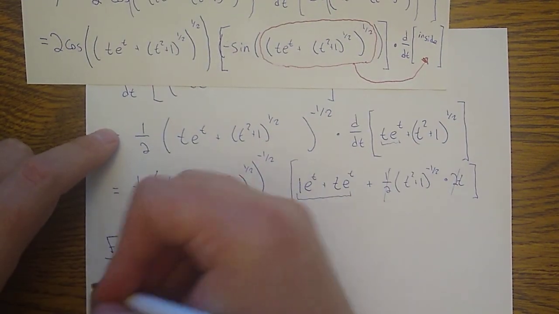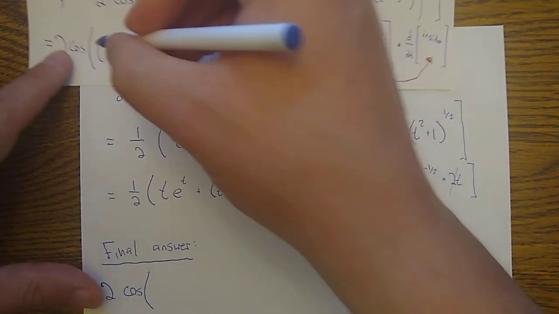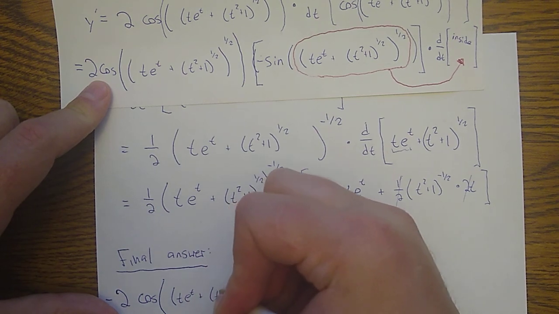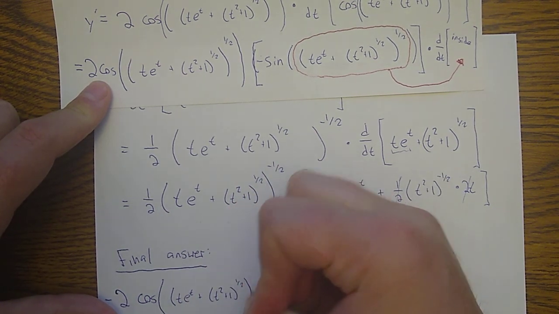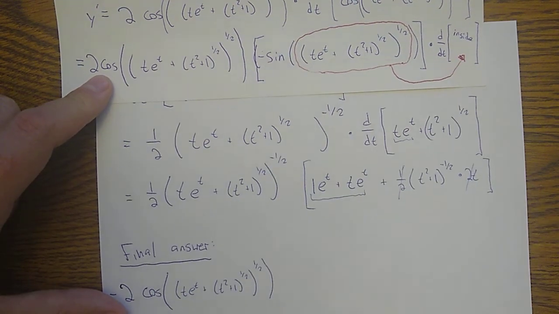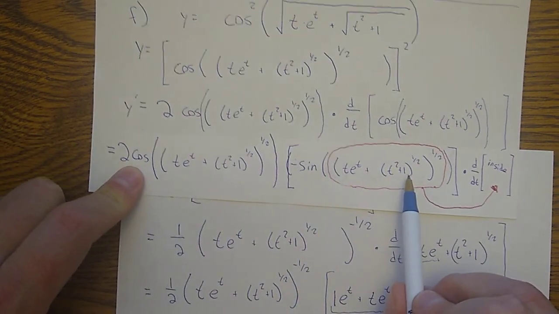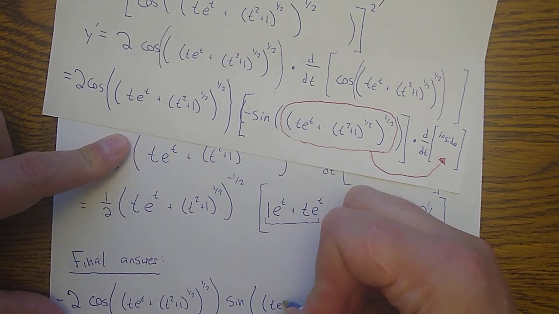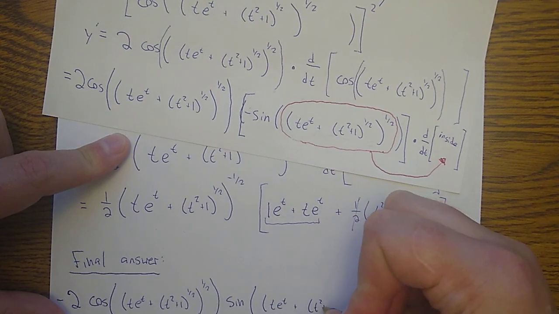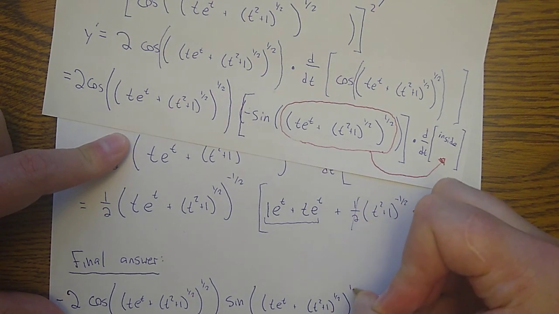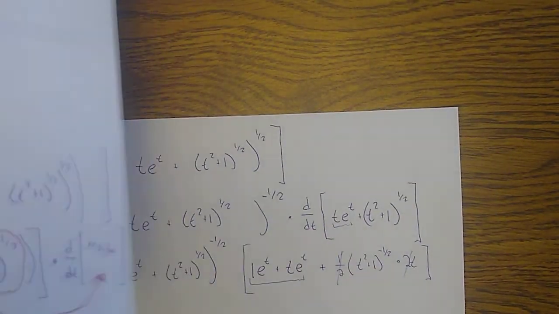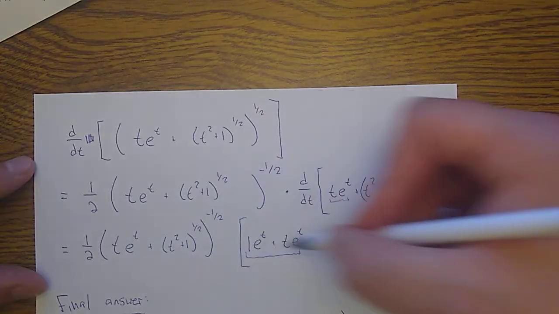So negative 2 cosine of this thing, t e to the t plus t squared plus 1 to the 1/2 to the 1/2, times the sine of the same thing, times the derivative of the inside, which was all of this.